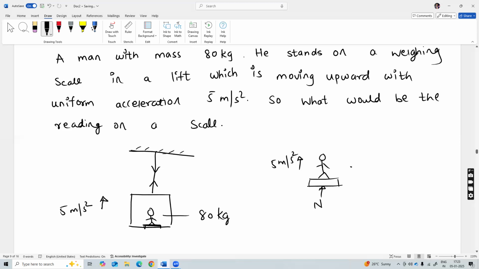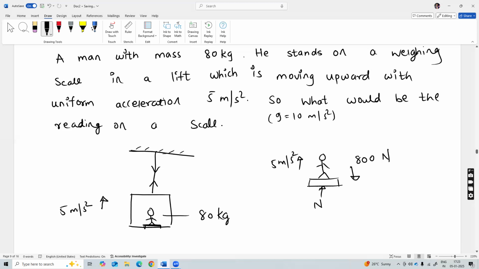His weight is mg, that is 80 into g, let's say g is 10 meter per second square, so 80 into 10 is 800 newton. His weight is acting in downward direction.